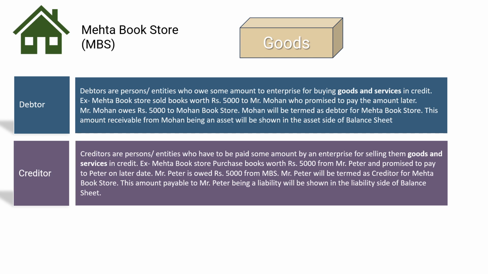Since this is a promise, it's a liability, and for Mehta bookstore, Peter will be a creditor, shown on the liability side of the balance sheet. I'll come to the presentation of the balance sheet at a later stage.